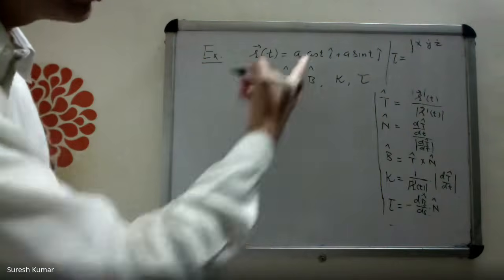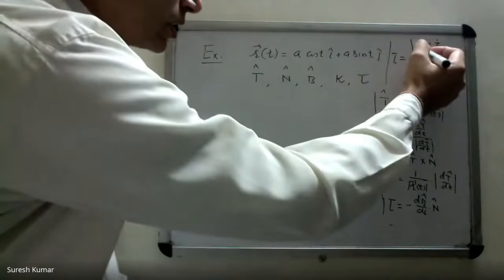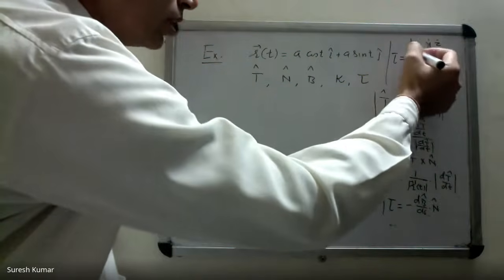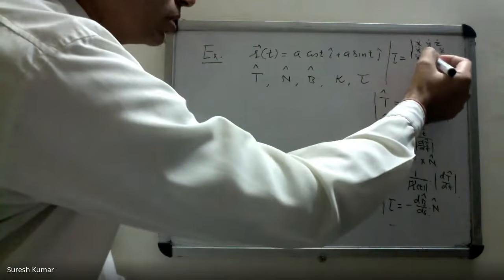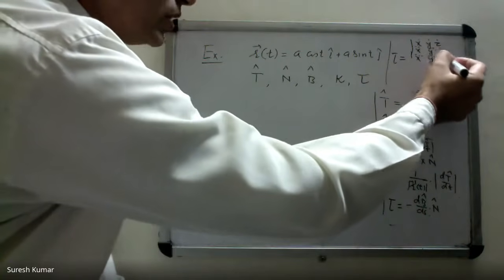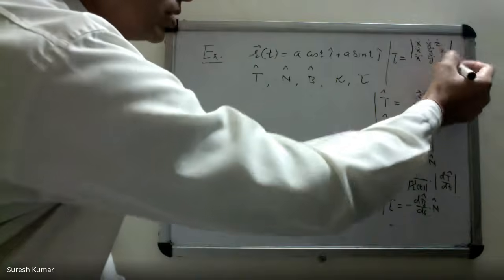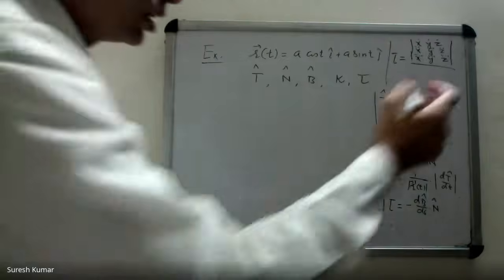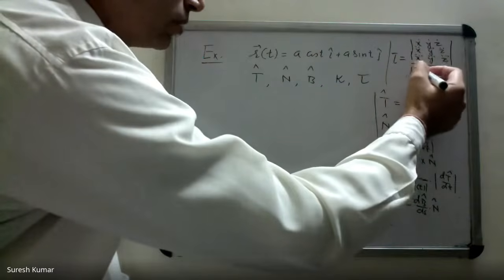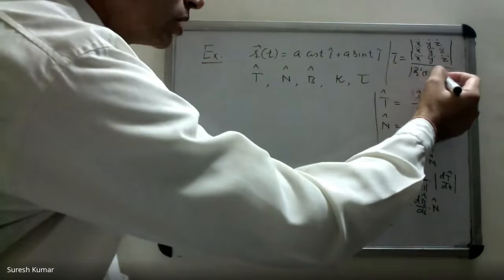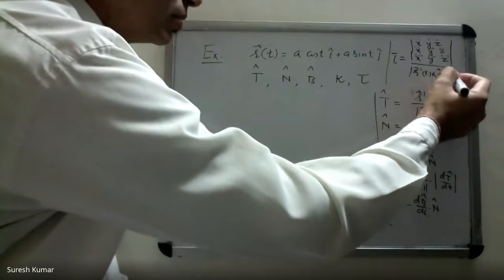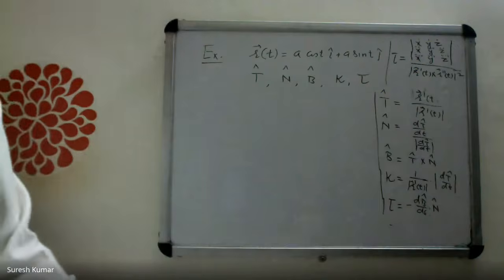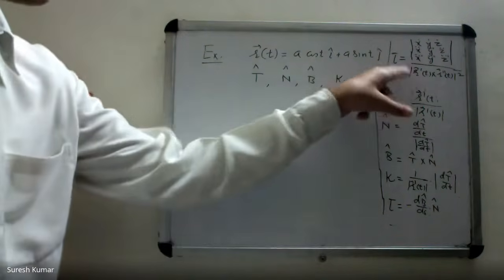You know x, y, z are functions of t. x double dot, y double dot, z double dot. And the third row is x triple dot, y triple dot, z triple dot. This 3 by 3 determinant, this is the determinant of this, okay? Divided by mod r prime t cross r double prime t whole square. This is the working formula for torsion.